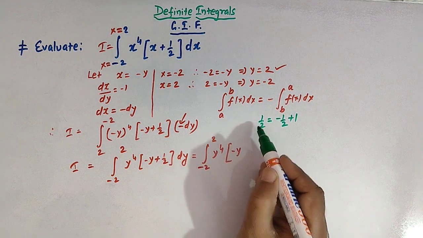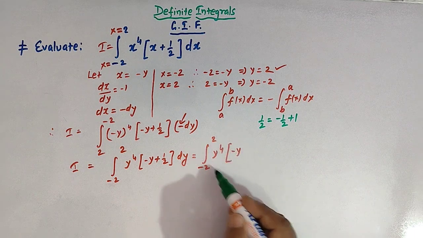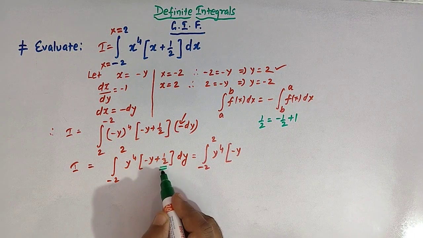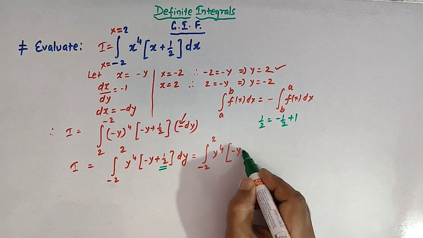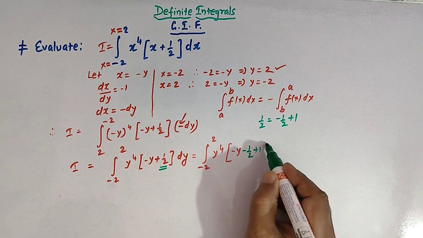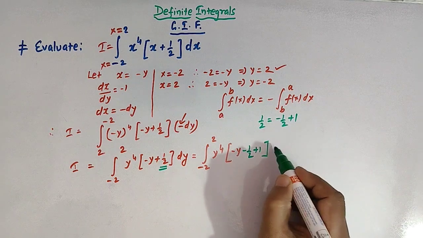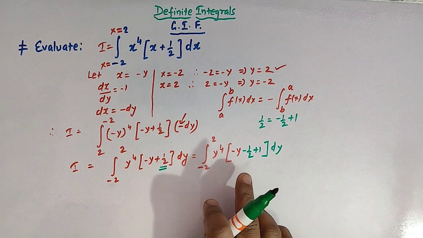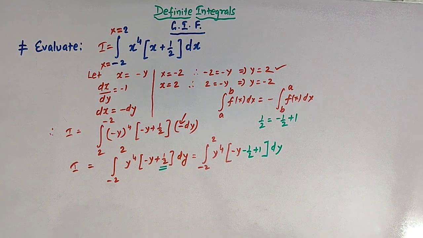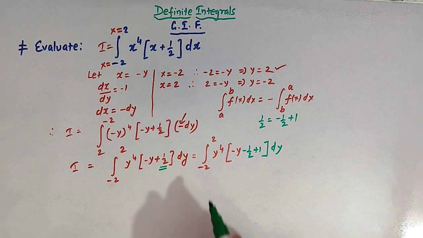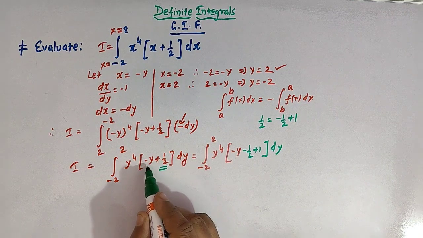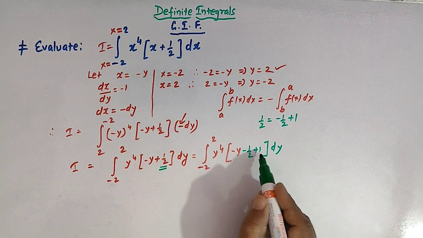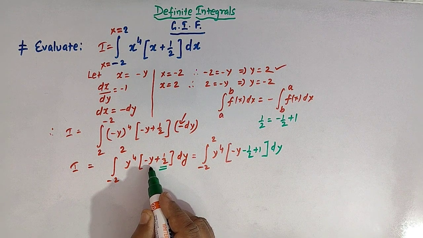This is a very important step, because by writing half as minus half plus 1 we are going to apply the properties of the greatest integer function. So we have written minus y plus half as minus y minus half plus 1, which is the same thing.